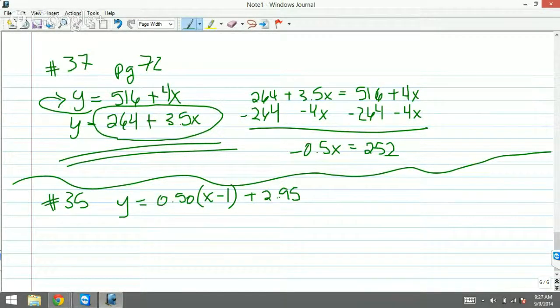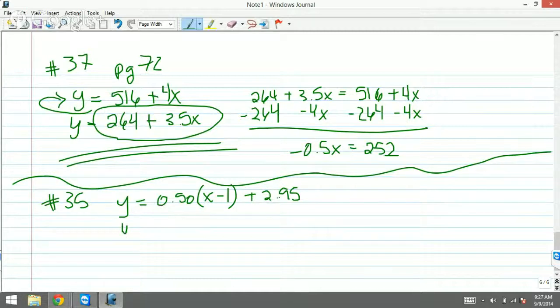So the starting cost, if you buy one drink, it gives you $2.95, right? But if you buy another drink, it's just a refill. So 2 minus 1 is 1 times 50 cents. So you get 50 cents. Your starting cost is $2.95 plus 50 cents each drink thereafter, right?